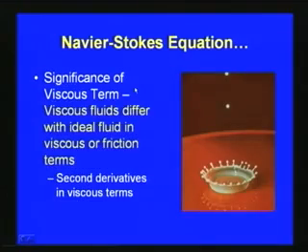And then the second important term is the viscous term. We have already seen that the Navier-Stokes equation which we have derived is for viscous flow. When the viscosity increases, there is more resistance to flow.